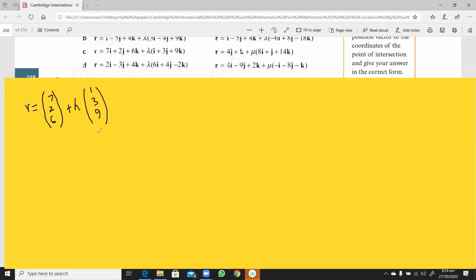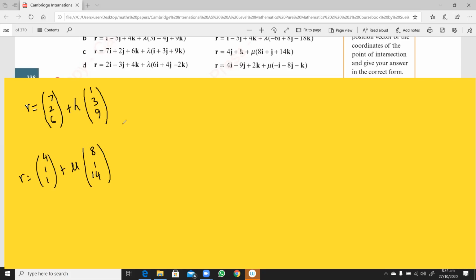That is the first equation. And then I have the second equation, which is R is equal to 4, 1, 1, and then we have mu into 8, 1, 14. Yeah, these are the two equations with us, okay?